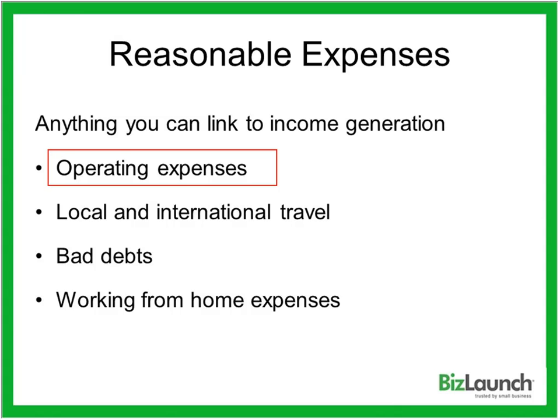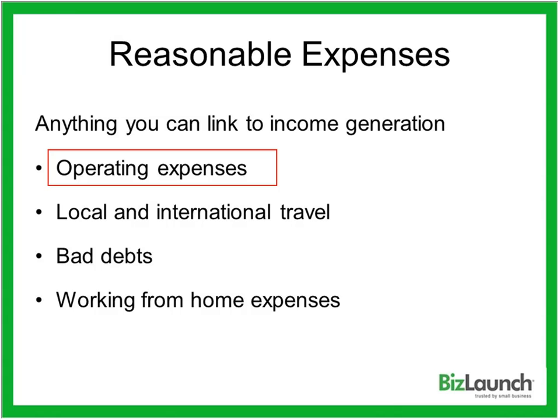The other thing you can deduct is working from home expenses. So let's use that example. Let's say I live in a 1,000 square foot condo, or 100 square meters for those people that are square meter type people. If I live in a 1,000 square foot condo, and let's say that I have 3 bedrooms and 1 bedroom I use only for my business, okay? And that bedroom is 200 square foot.